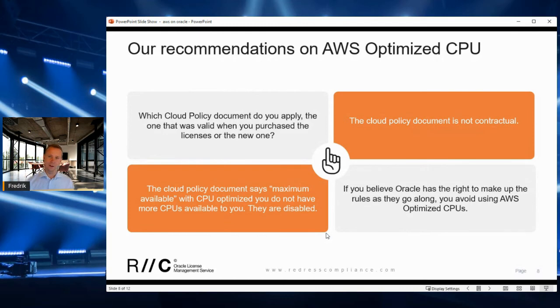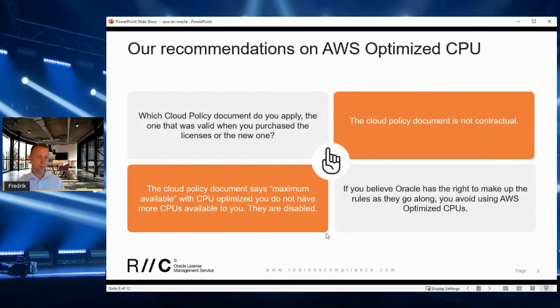And if we go back to the document, the cloud policy document says maximum available. But when you use the CPU optimized feature, the vCPUs that you are not given are actually disabled.